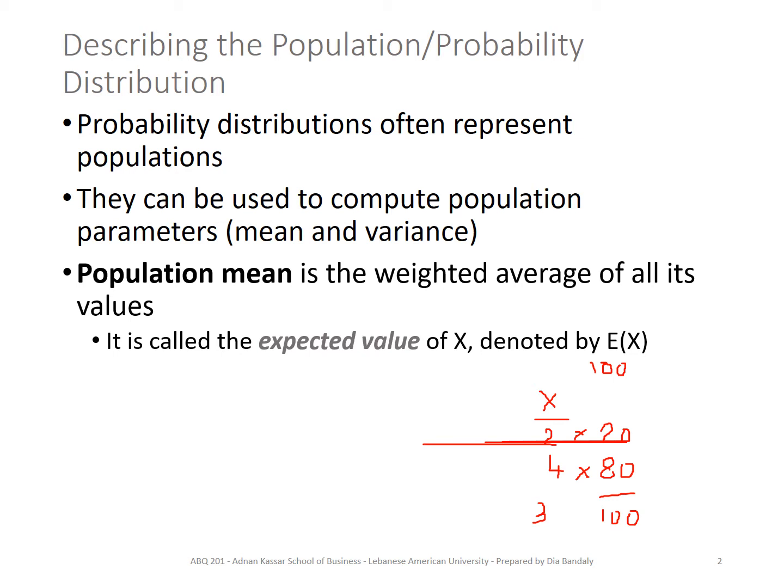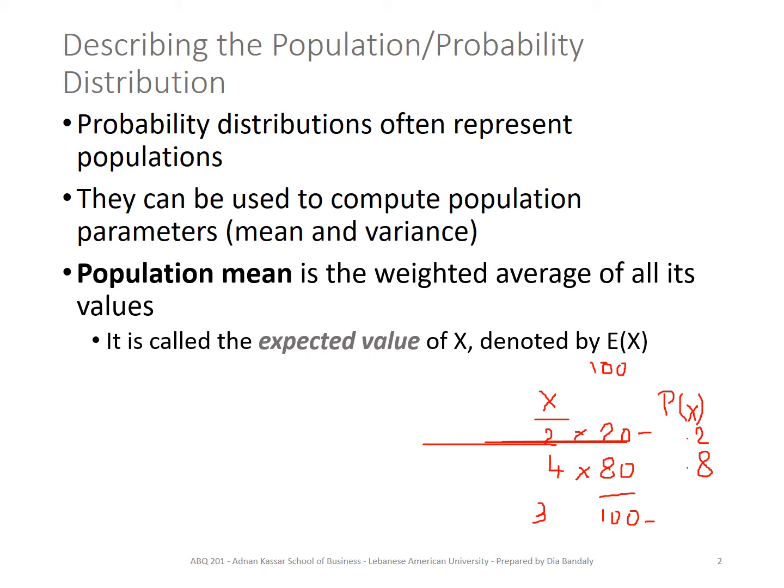Okay. Now, instead of these observations, when we have the probability, which is nothing but the relative frequency, which comes from the observation divided by the total. So, in this example, the value of 2 has a probability of 0.2, and the value of 4 has a probability of 0.8. So the weighted average is 0.2 times 2 plus 0.8 times 4, which is similar to what we did before.